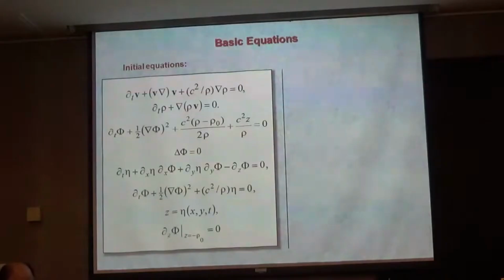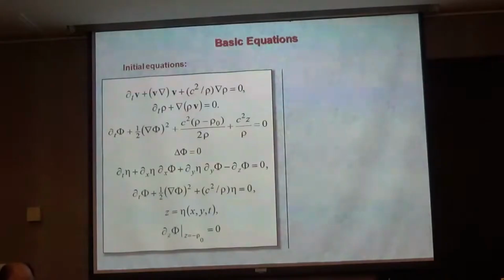Here you can see the boundary conditions in the terminology of waves on the surface of water. This one is the equation of the surface of water, and this one is the boundary condition on the water.